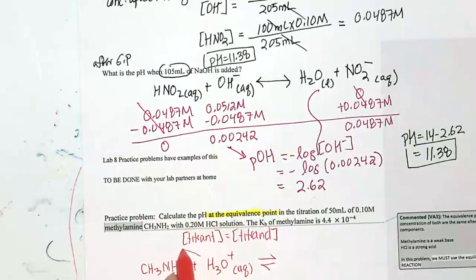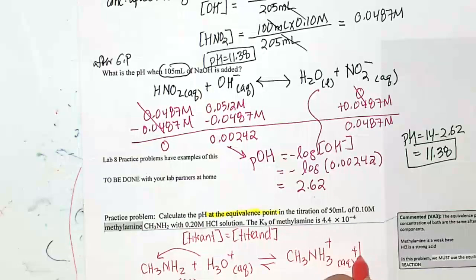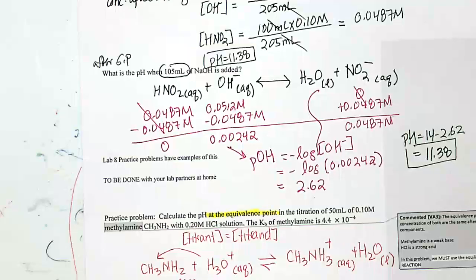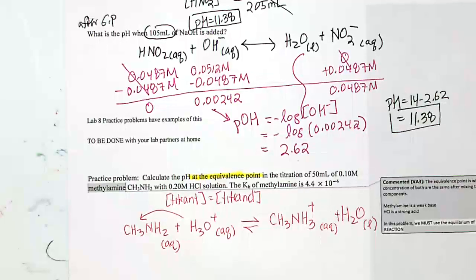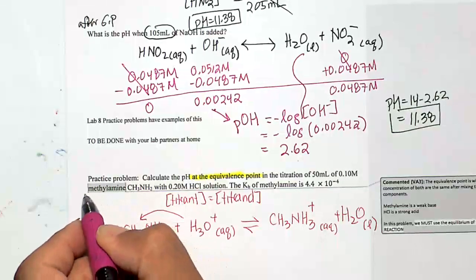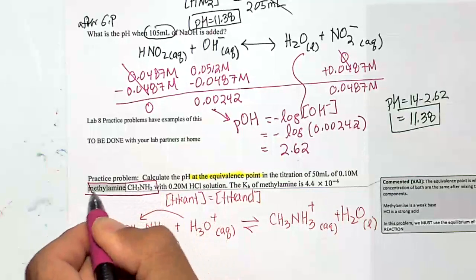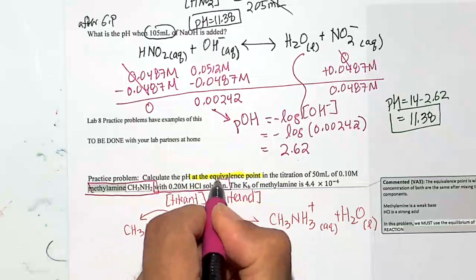This is a weak base and this is a strong acid. You'll get CH3NH3 plus and H2O. This is the reaction that you will get when you react methylamine with HCl solution.